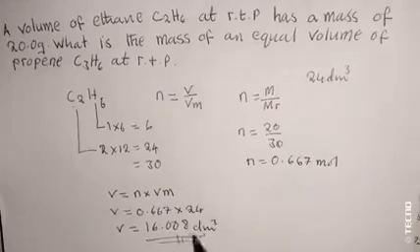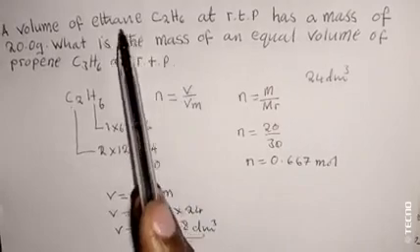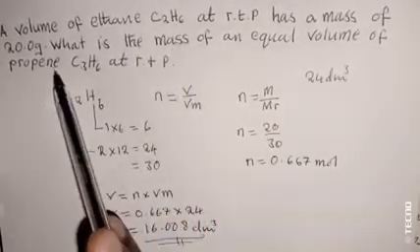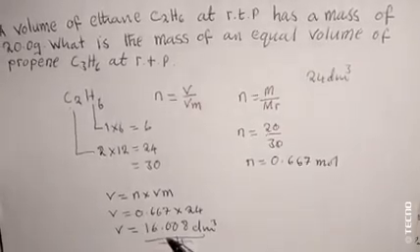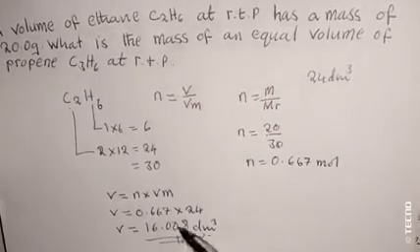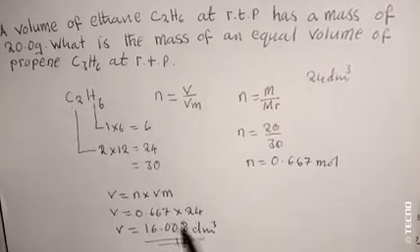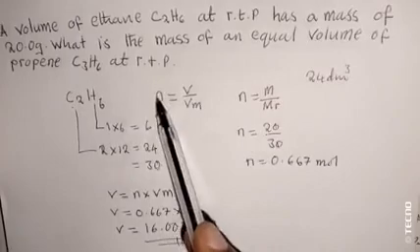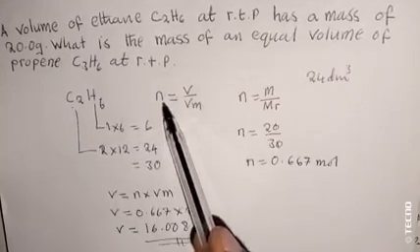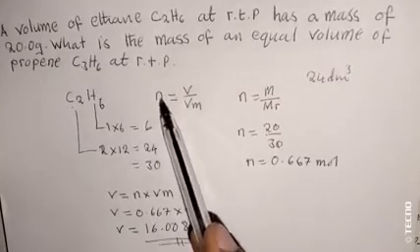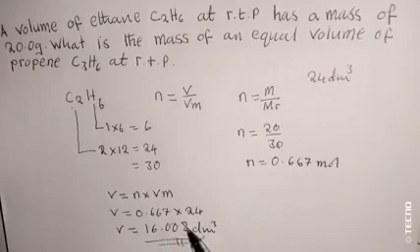From the information given, we are told that the volume of ethane is also equal to the volume of propene. So we are going to use the same volume to find the moles of propene.